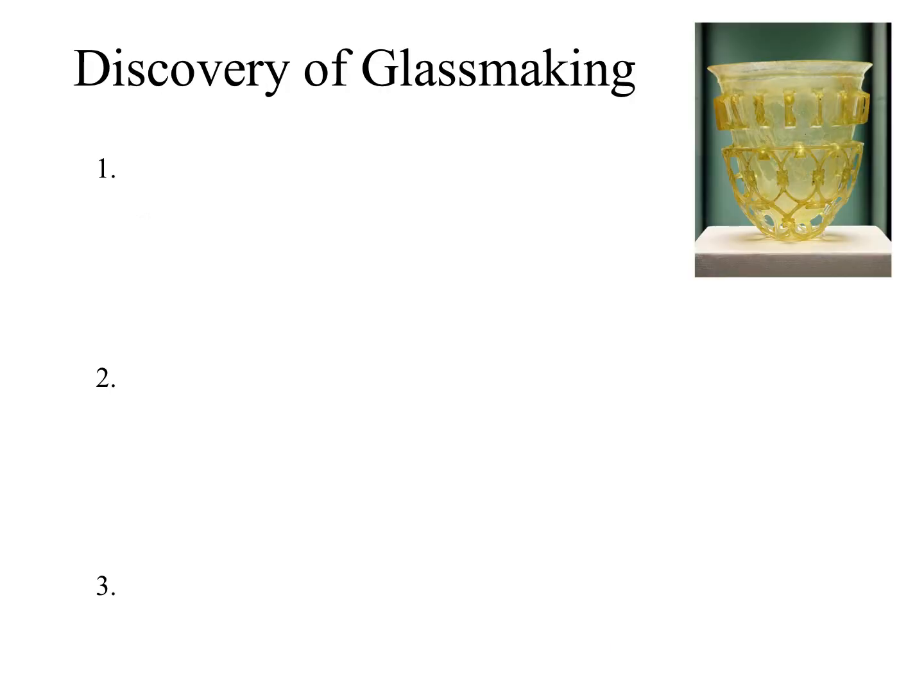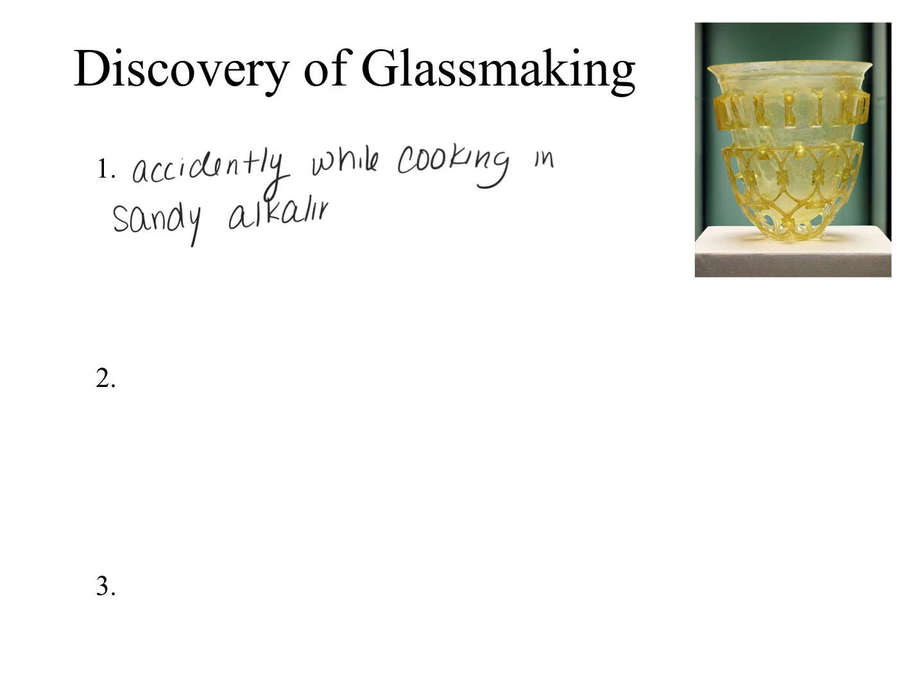So when we talk about the discovery of glass making, there are three theories of how it was discovered. The first theory is it happened accidentally while cooking in sandy, alkaline environments.